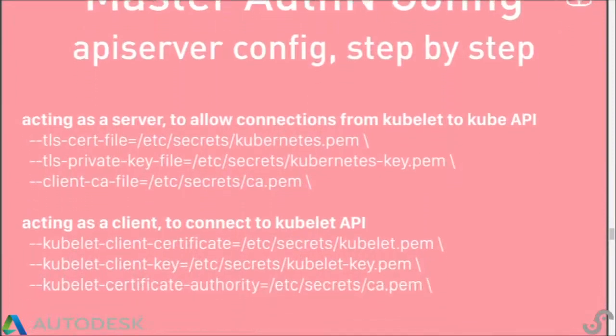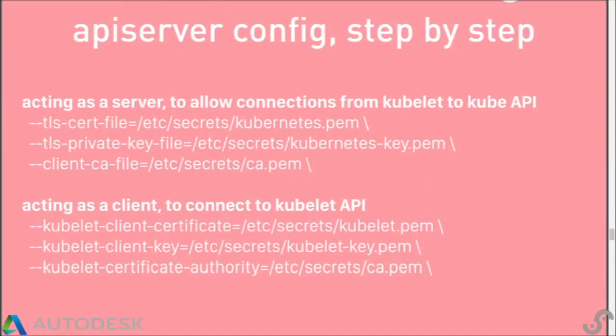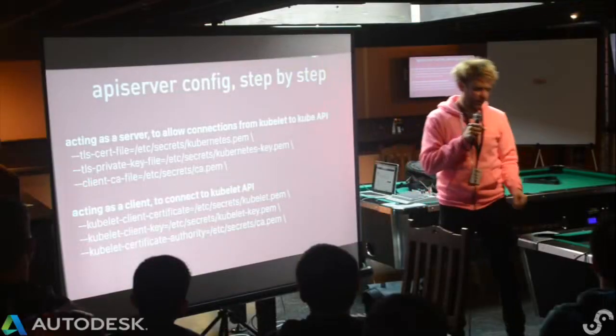So the first part is when the API server is acting as a server, we need to accept incoming connections from the kubelet that's running on those workers. So that's that config there. We've got it the other direction: the API server as a client connecting to the kubelet on the workers.